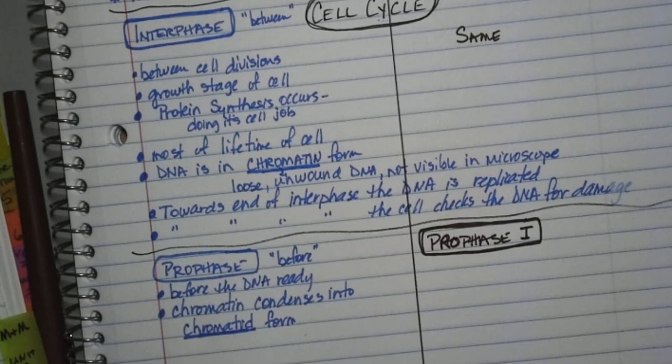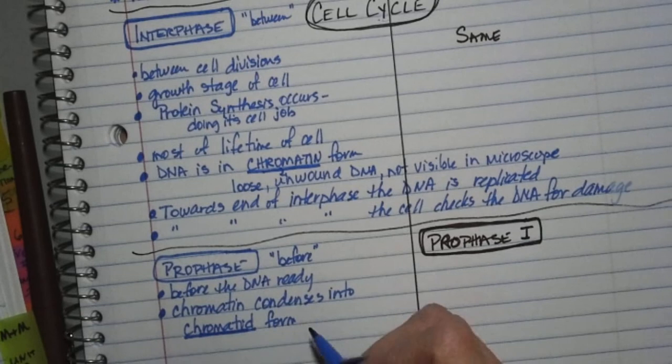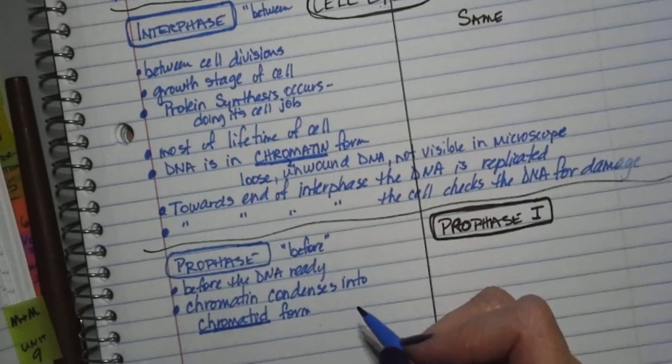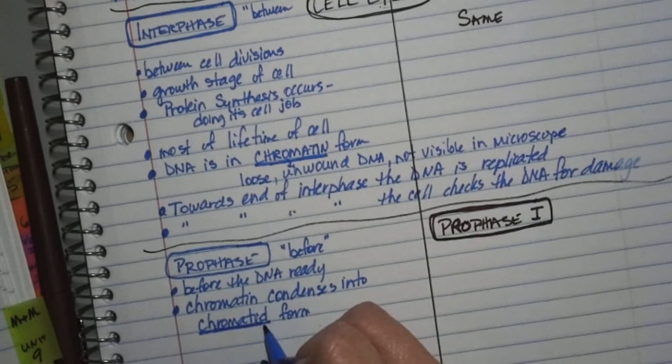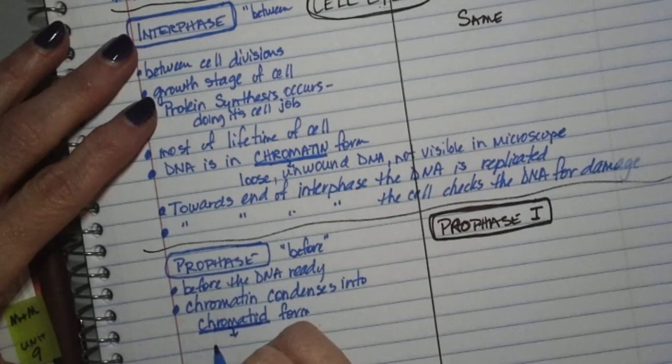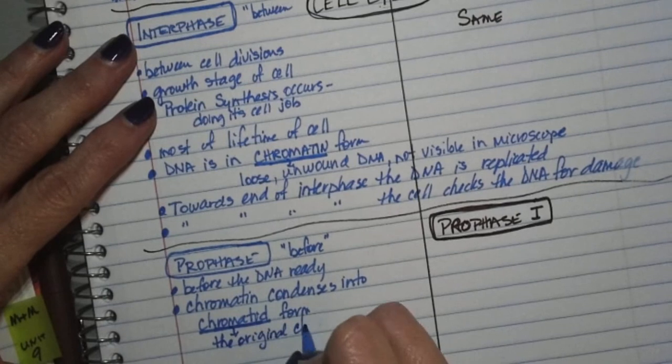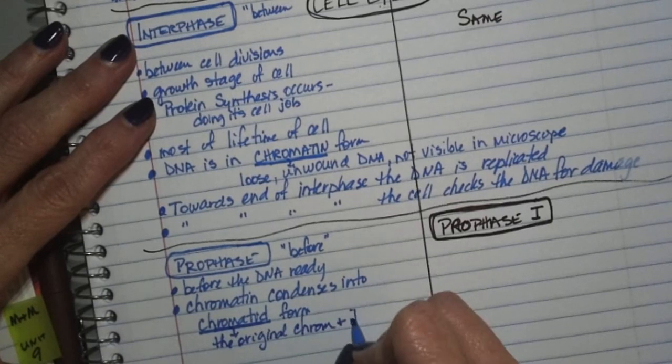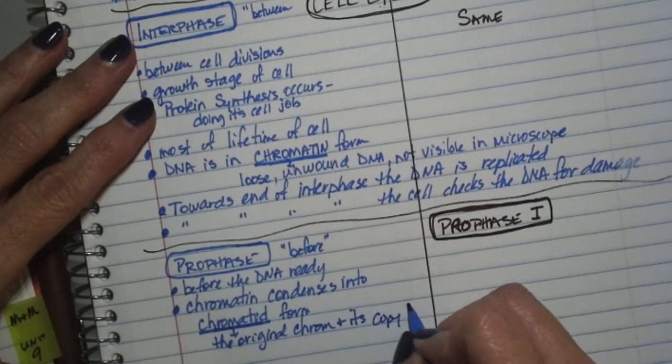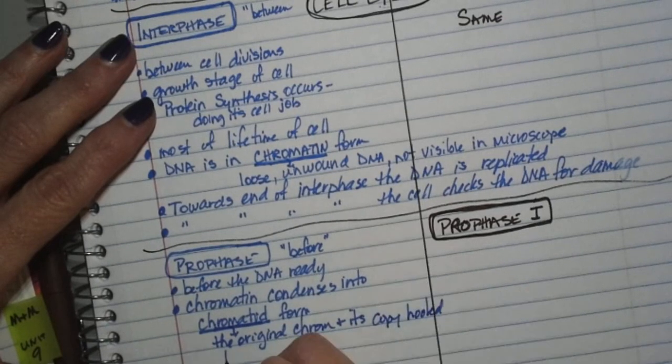So they're condensed into chromatid form, which means, let's say, that you have the original chromosome and its copy, and they're hooked together. So we call each one of them a chromatid. But in order to be in this form, they're always going to be hooked together.